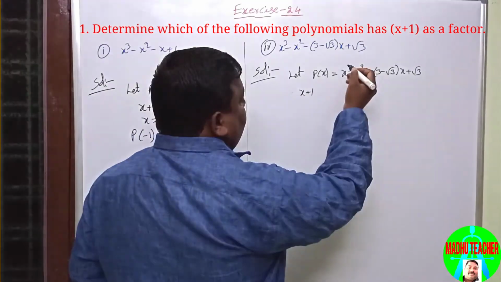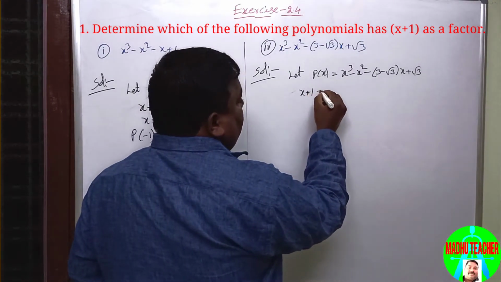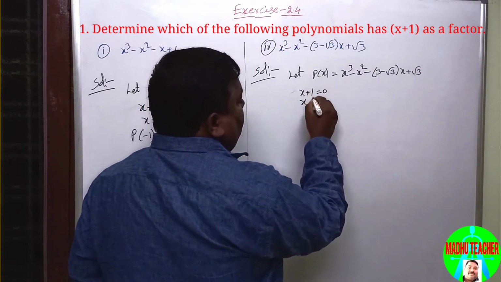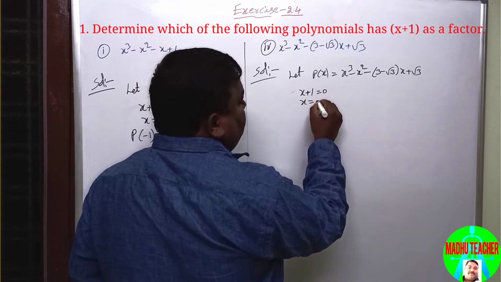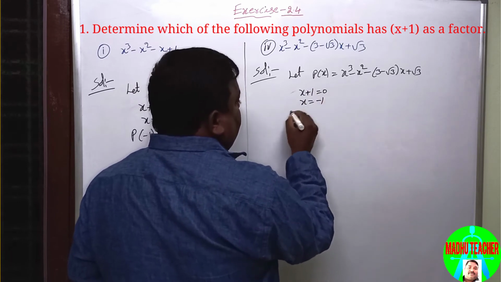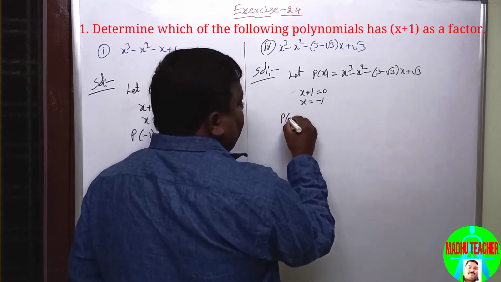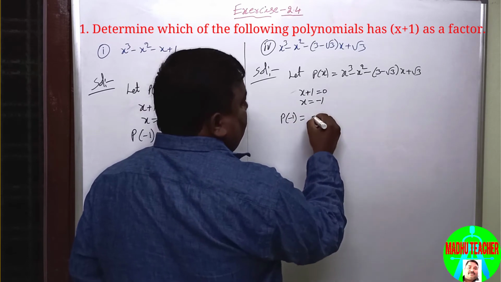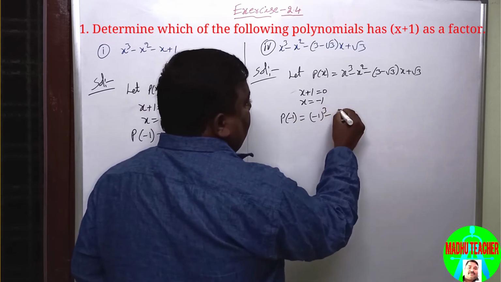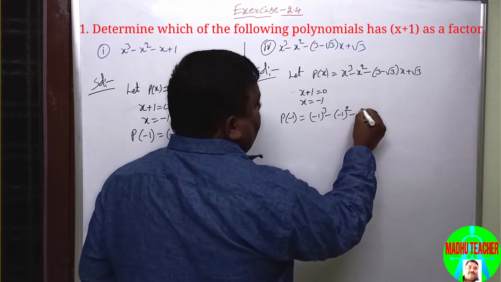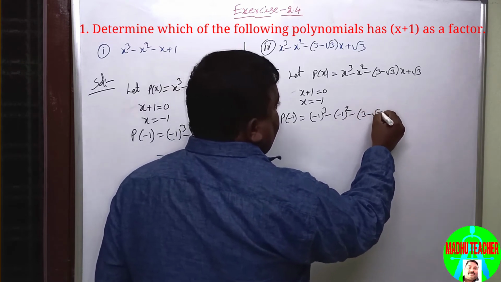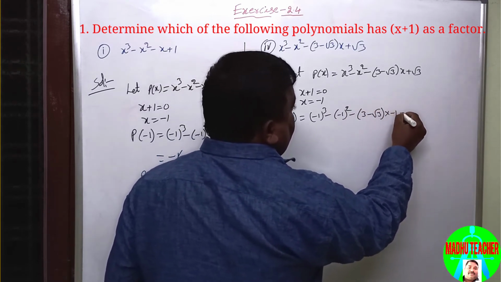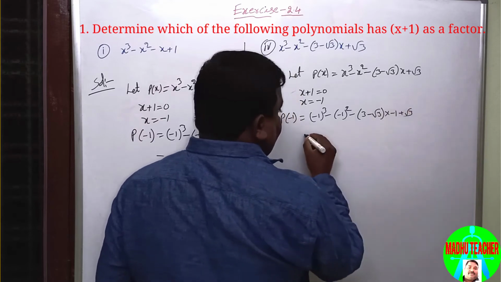So to verify, you have to find the 0 value of x plus 1, so that is x equal to minus 1. So you have to find p of a, that is p of minus 1: minus 1 whole cube minus 1 whole square, 3 minus root 3 into minus 1 plus root 3.